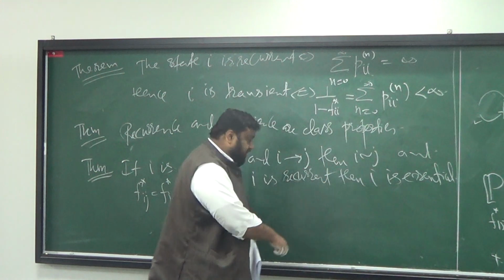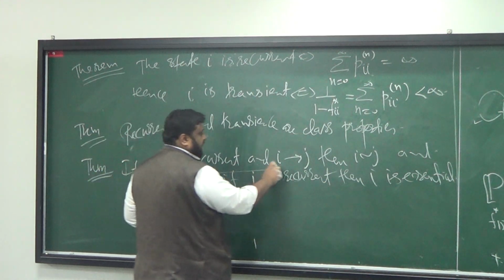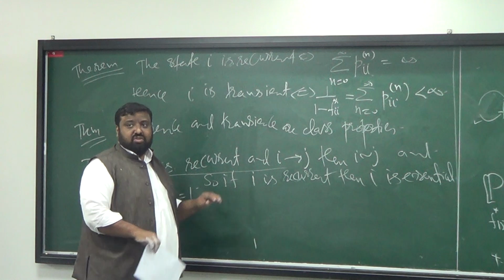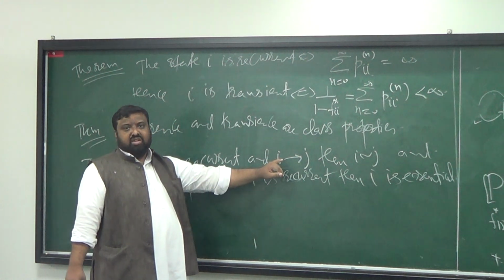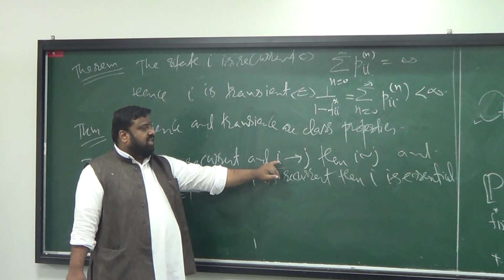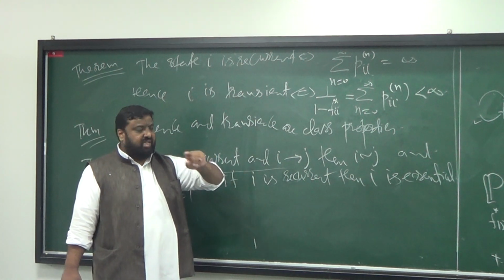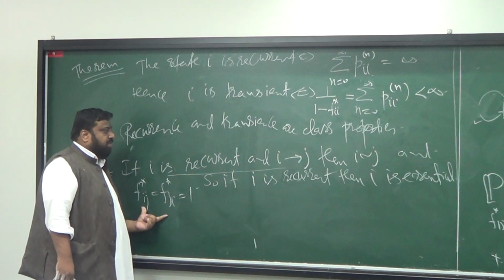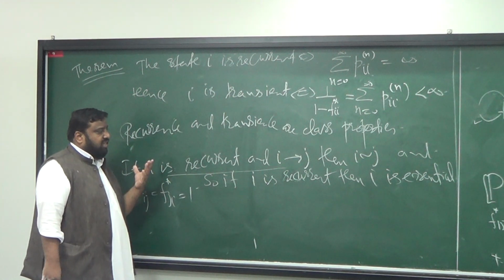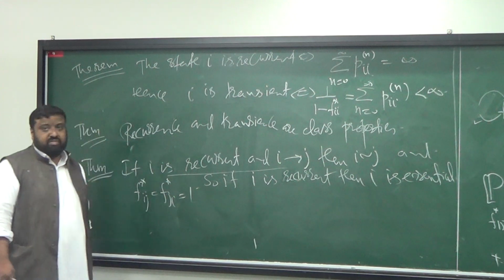That's what this part is telling you: I have a recurrent state that leads to J, then I and J would intercommunicate, and these would be their probabilities, and this means that I is essential.